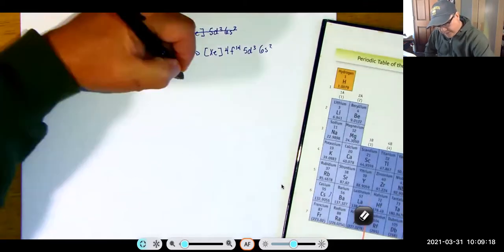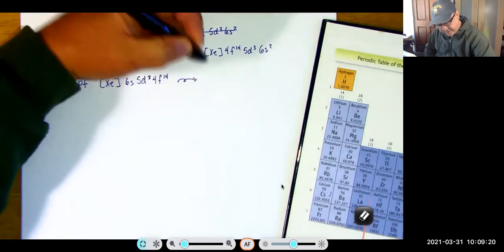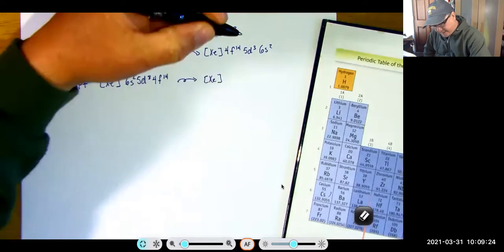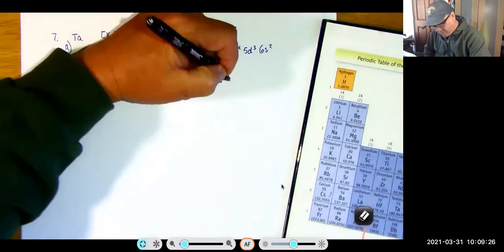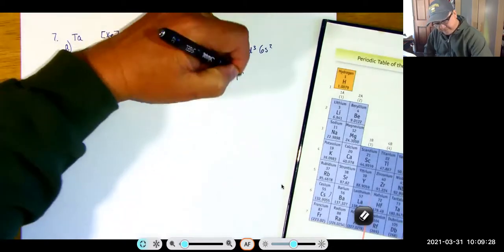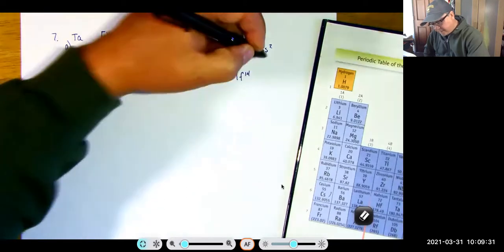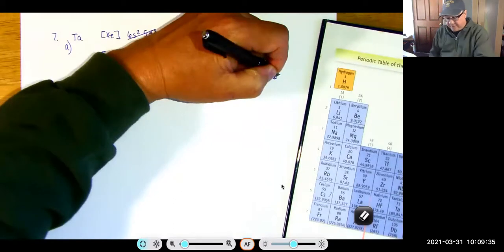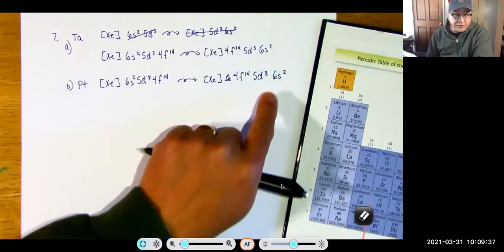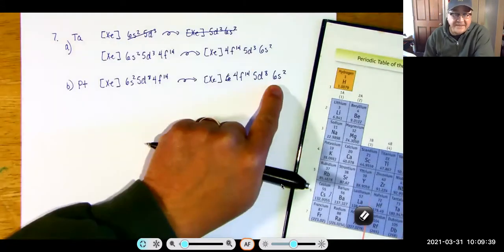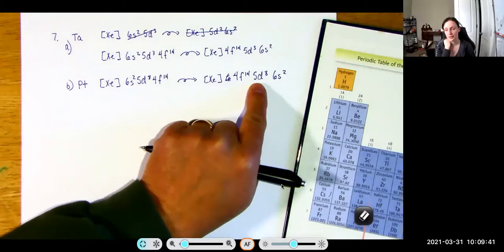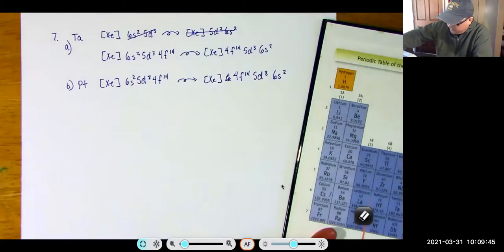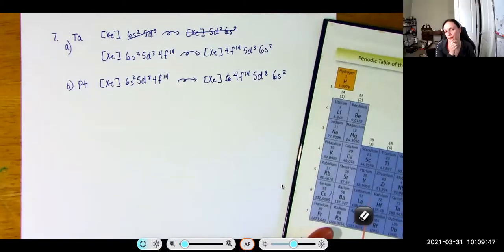And we're going to rearrange this, and we're going to get xenon 4f14, 5d8, and 6s2. Now this might be one of the ones where the 6s2 go away and they become 5d10. So 5d9 and 6s1. Oh, that's what they get? Yeah, but I don't understand why.